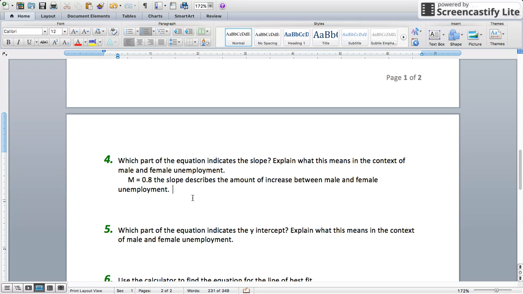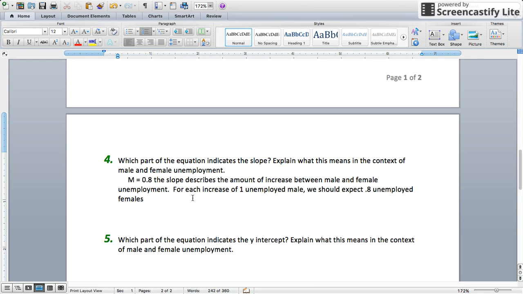So to be specific, for each increase of one unemployed male, we should expect 0.8 unemployed females.